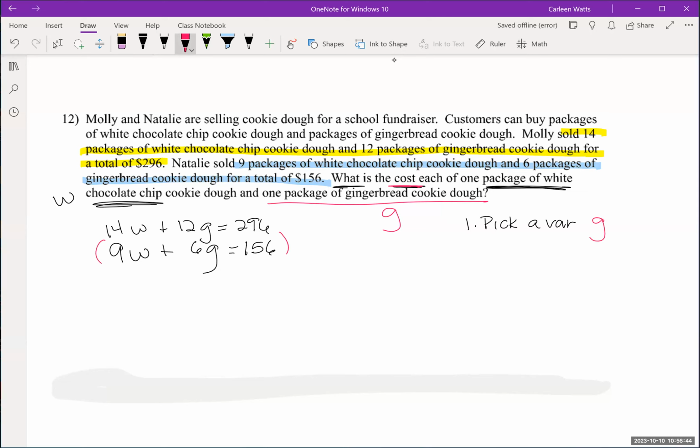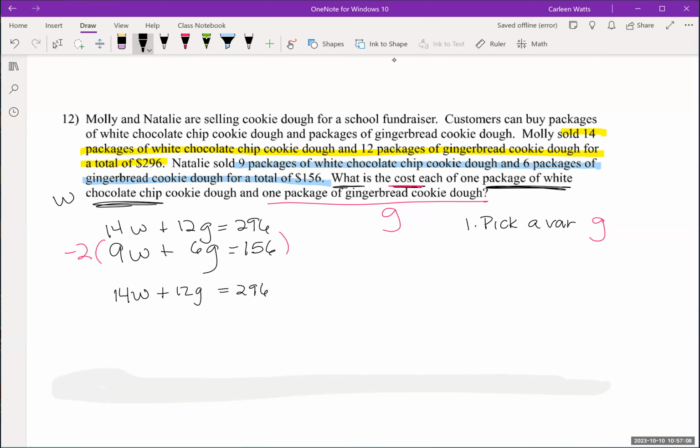Yeah, and we're going to multiply the bottom by -2. The whole reason for multiplying is so that they have equal but opposite coefficients. Okay, let's bring the top one down. 14W plus 12G is equal to 296.